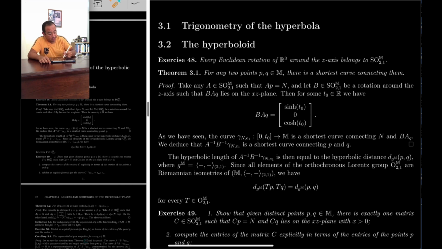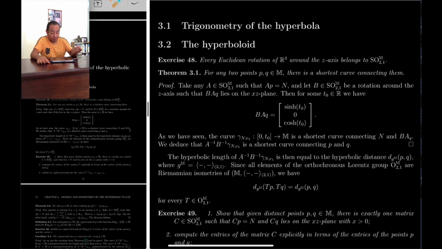Right, but then once we have our shortest curve from n to BAQ, we can simply undo the isometries we took. So we obtain this curve, which is then a shortest curve connecting P and Q. Because A inverse and B inverse being Riemannian isometries, they preserve the property of something being a shortest curve, as we saw also earlier in the course.